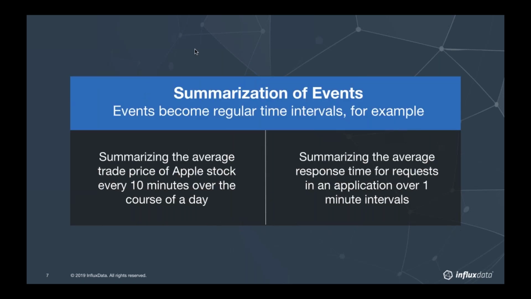Now, what's interesting is that when you manipulate irregular time series, let's say you take an average of these events that are happening at irregular time intervals, you can smooth it out and make it into a metric. So you can see we have two examples here where we're summarizing stock trade prices, which could spike.